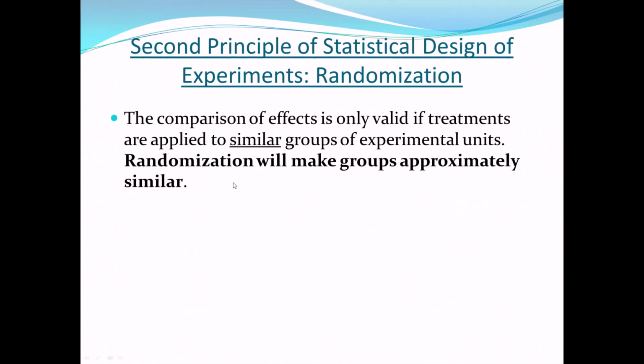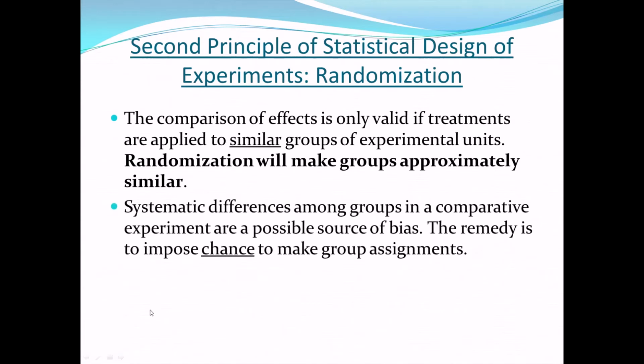So randomization will make groups approximately similar. If all those runners, or systematic differences among groups in a comparative experiment, show up in one group, you get a possible source of bias. So our remedy is to impose chance to make group assignments. And hopefully we won't see all 9 of those crazy fast people in one group. I suppose randomly they could show up there, but the chances are pretty small.